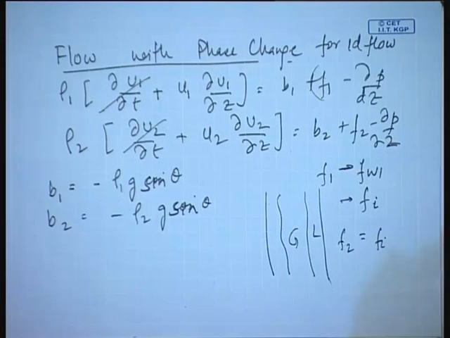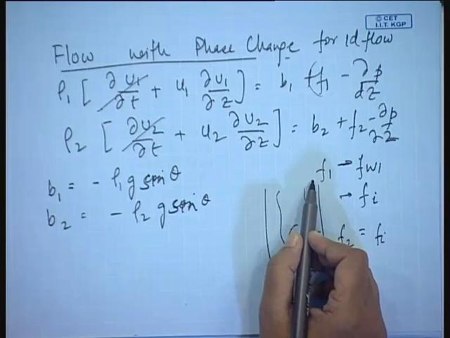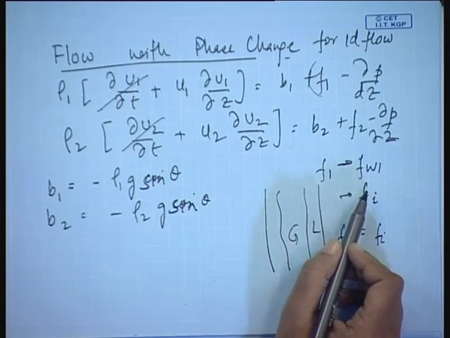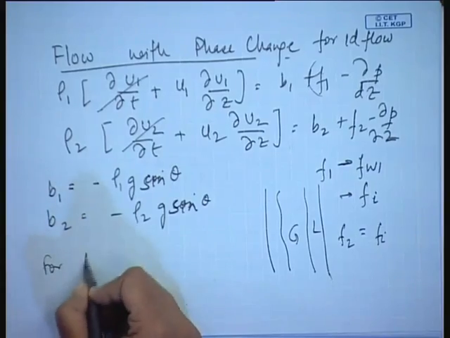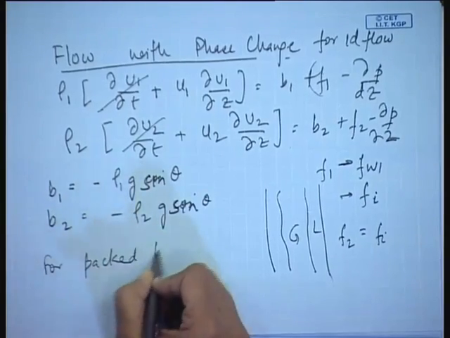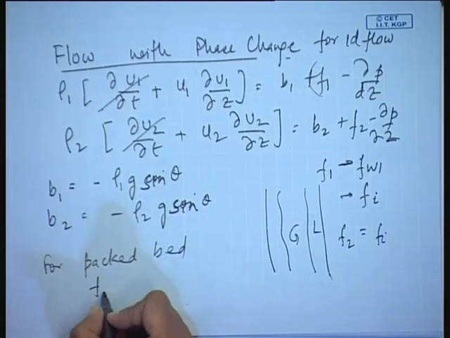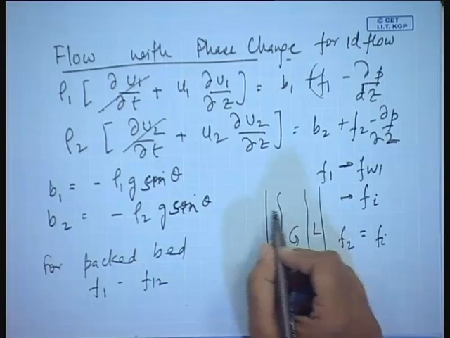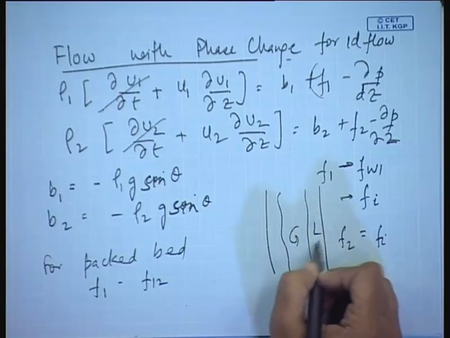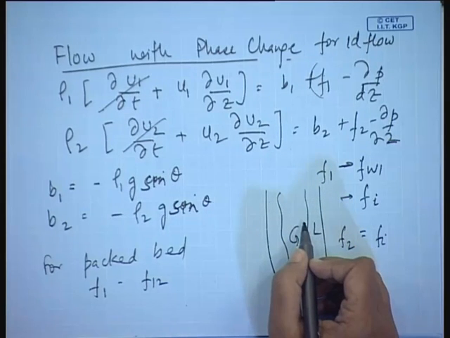Now, suppose we have a packed bed, and liquid is flowing through that packed bed. In that case, say liquid is phase 1 and solid is phase 2. For a packed bed, F1 will comprise of F12, if we neglect the wall interactions as compared to the interactions between the solid and liquid.